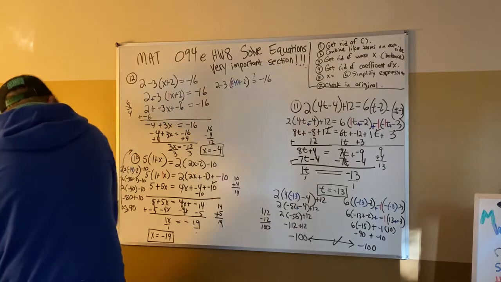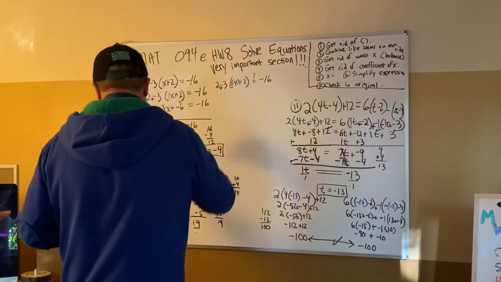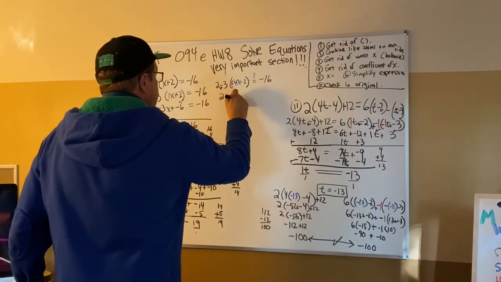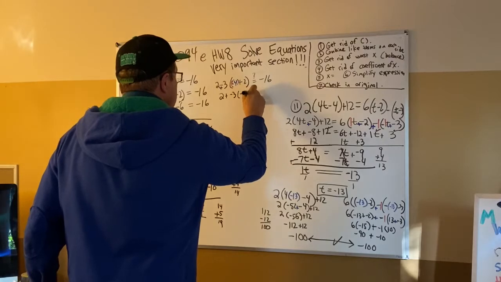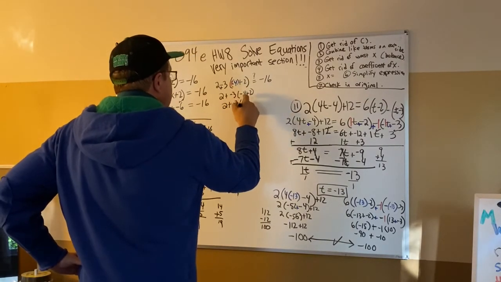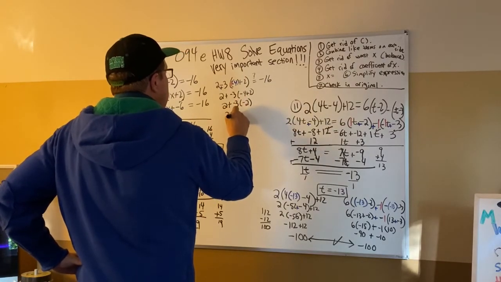It will be freed up very soon. 2 plus negative 3 times negative 4 plus 2. Those parentheses need to be done, so 2 plus negative 3 times negative 4 plus 2.